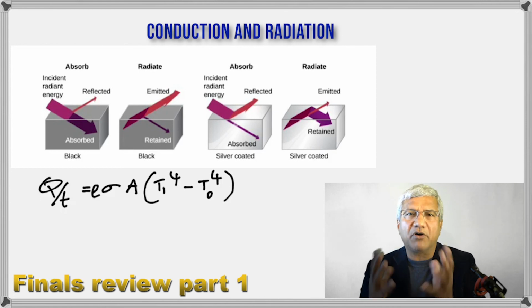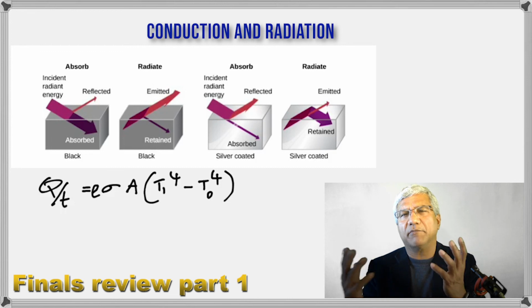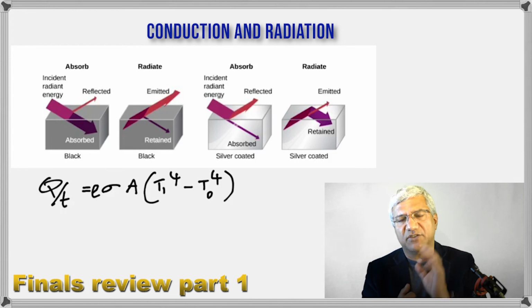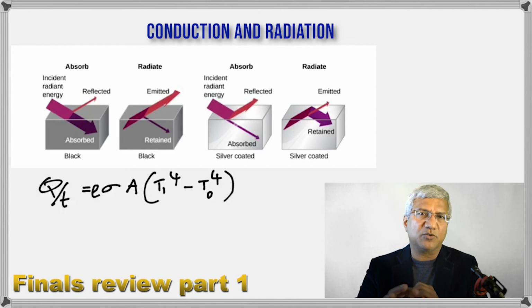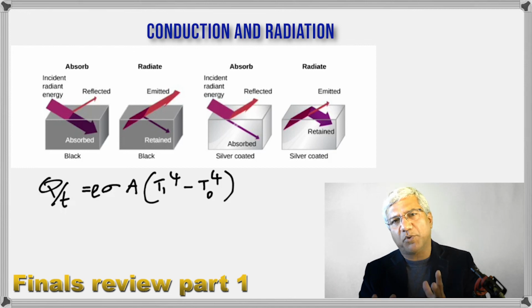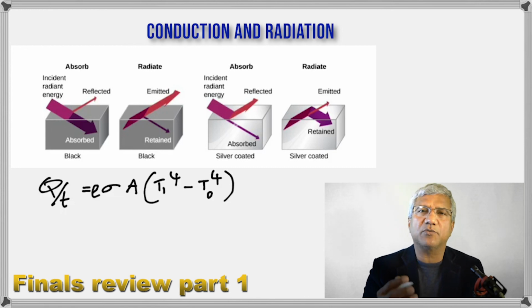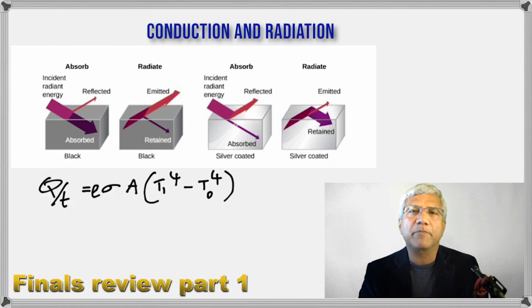But white polished surfaces do not emit anything, so it's a 0 emitter, so E is 0. So black, E is 1. White polished, E is 0. So E is emissivity. Sigma is a constant which is called Stefan's constant, and it's 5.67 times 10 to the negative 8.